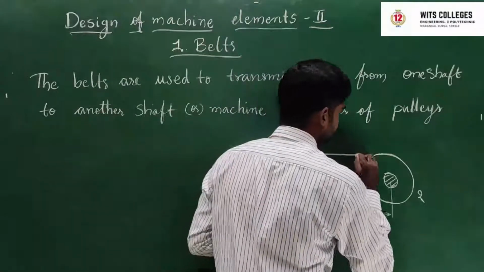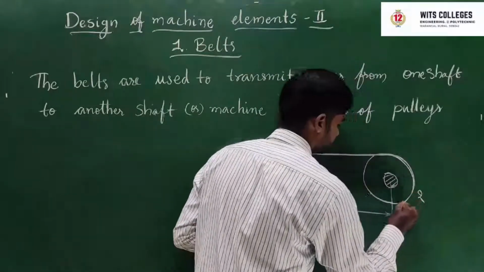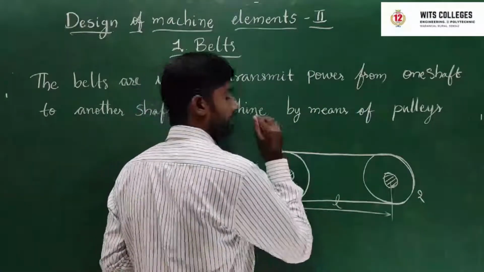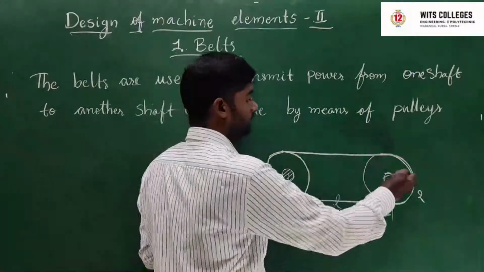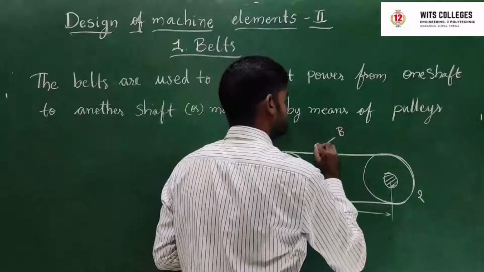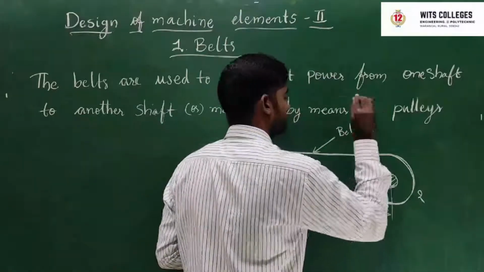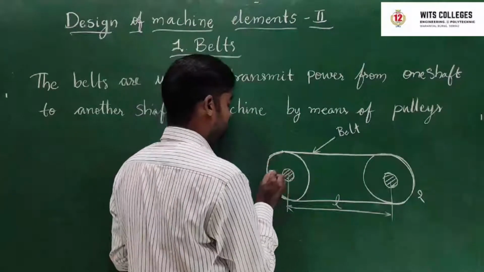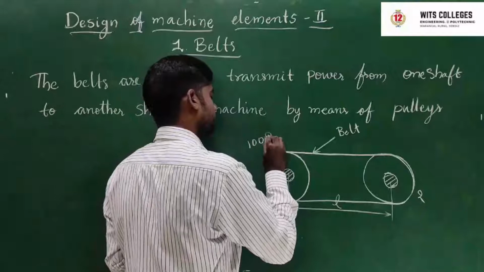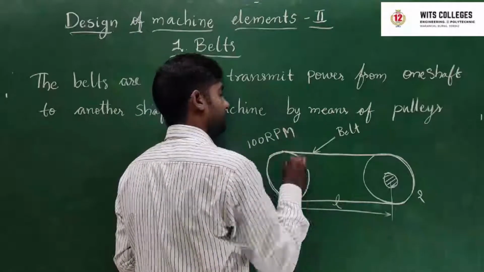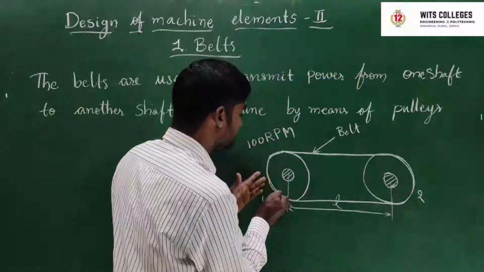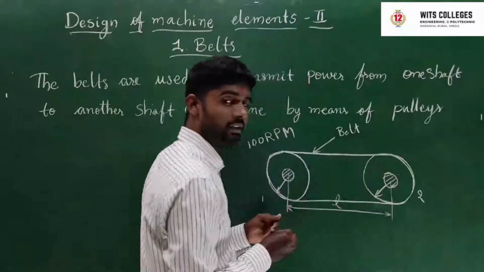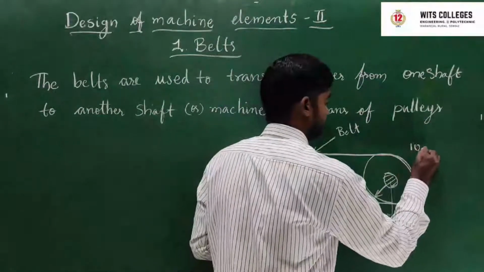This is the belt. Suppose the speed is 100 RPM, and the first pulley diameter is equal to the second pulley diameter. Then the second is also 100 RPM.